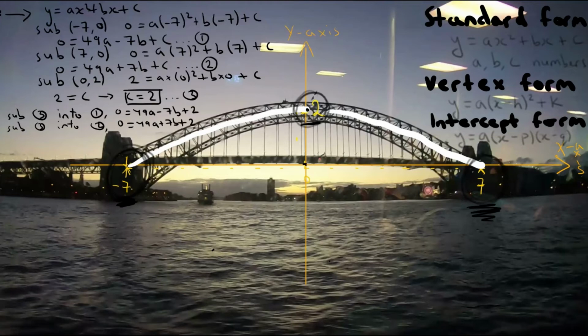And you know how before I said simultaneous equations, so the way they work is if we have 3 unknowns, so I'll do a bit of highlighting here just to make it clearer. 3 unknowns here, a, b, c, and here's the c, so if we have 3 unknowns, we need 3 equations, here being equation number 1, we got it from minus 7, 0, equation number 2 from 7, 0, and equation number 3, we got it from the point 0, 2.